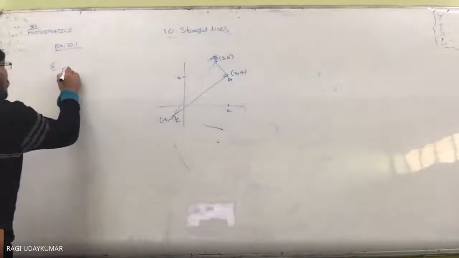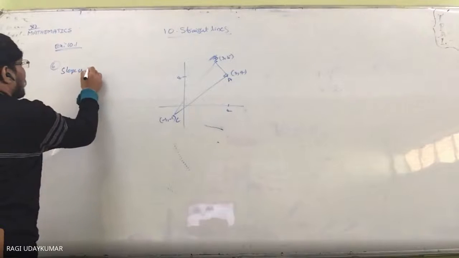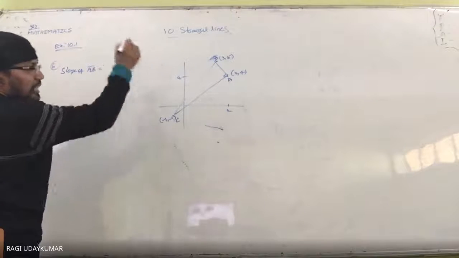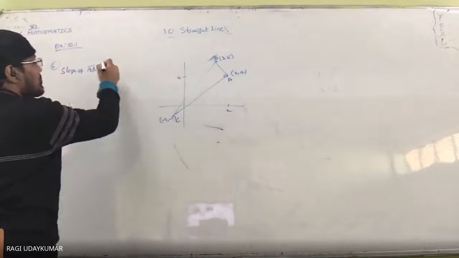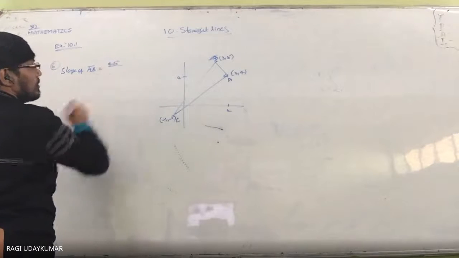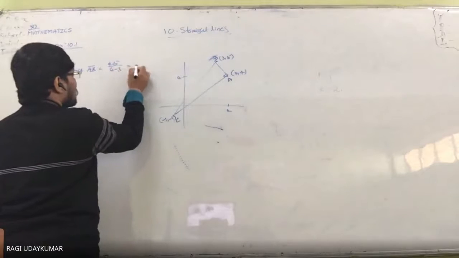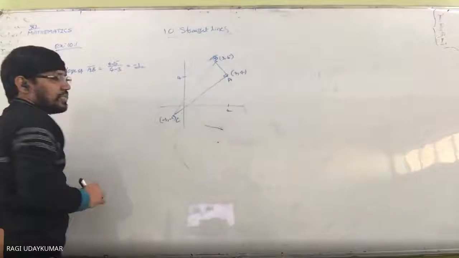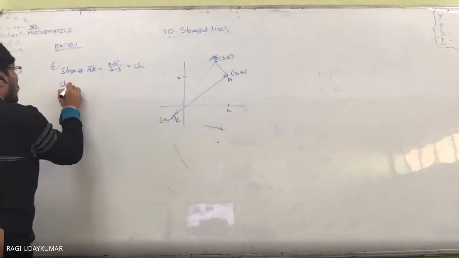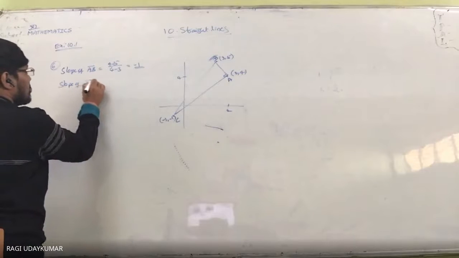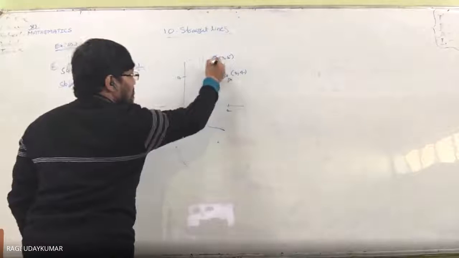So here, slope of AB is y2 minus y1, 4 minus 5, this minus this, by 4 minus 3, which is equal to minus 1. Slope of BC: BC I am finding.